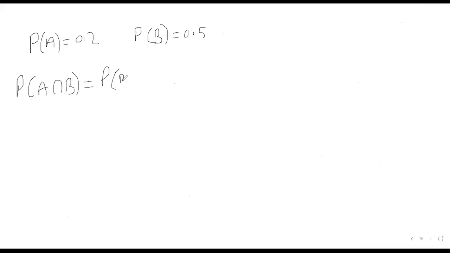It is simply the probability of A times the probability of B. Intersection means you multiply. So for the probability of A intersection B, just multiply them. This is called theorem 1.